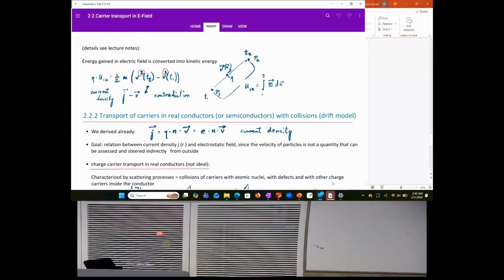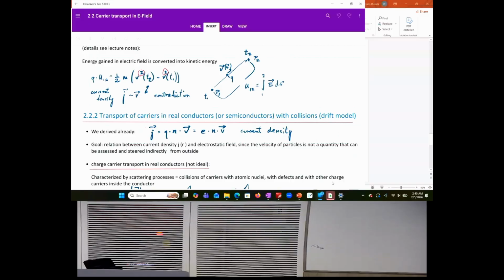And you can compute, of course, the kinetic energy that is added in this electric field, because you know the work is given by the charge times the voltage.